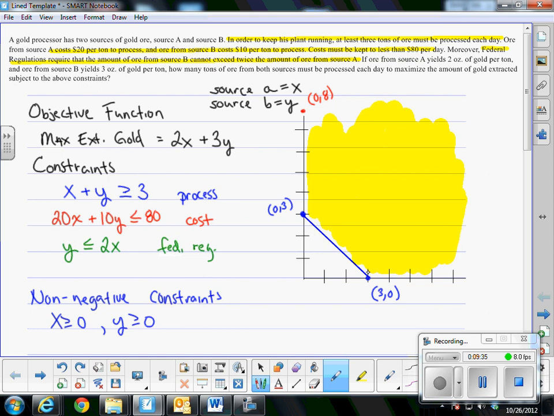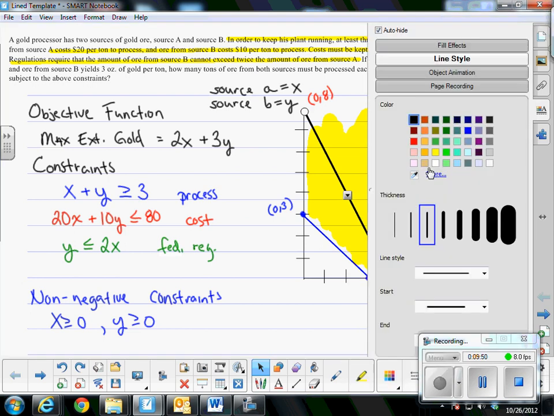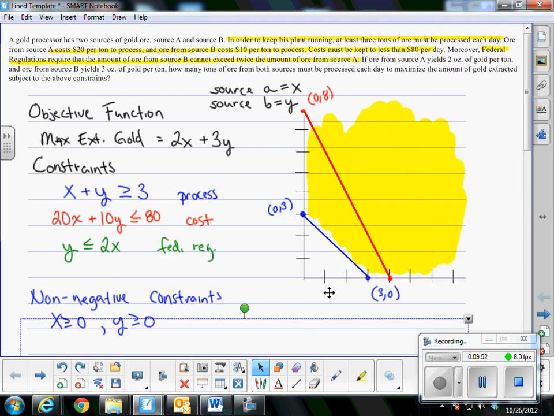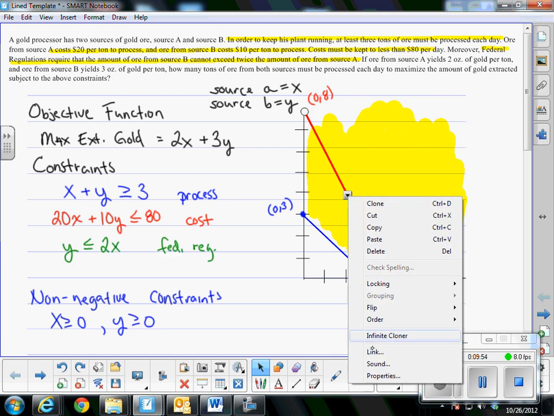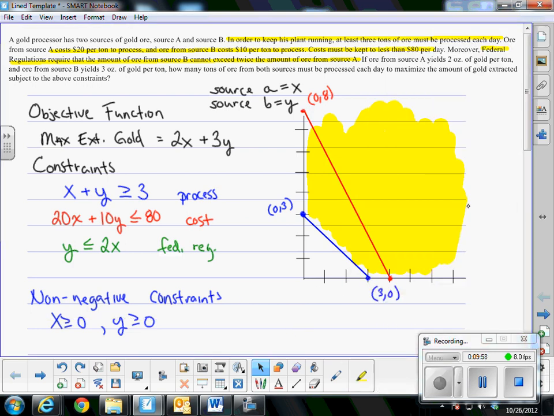So 1, 2, 3, 4. Alright, and then I'll connect those. Okay. Now we had to shade less than or equal to that line. So it'd be everything down here.